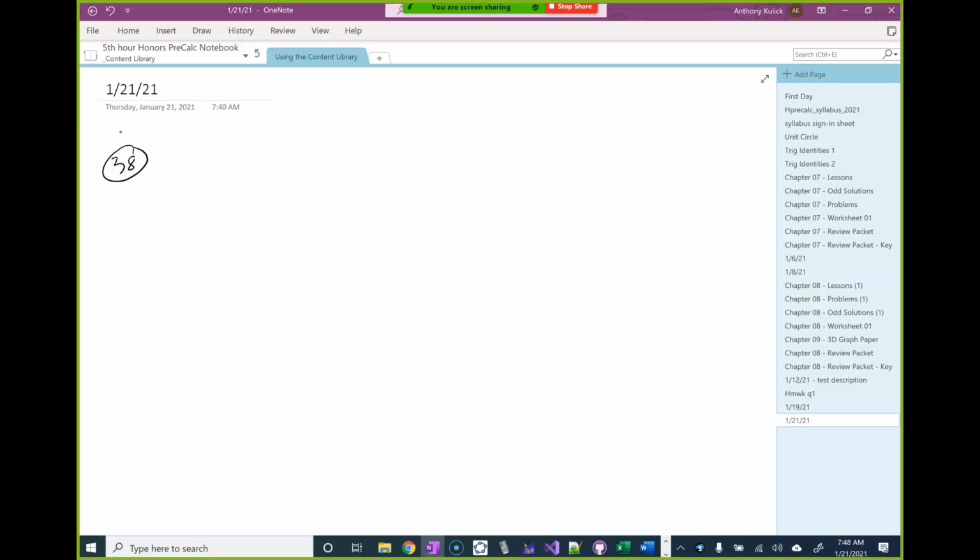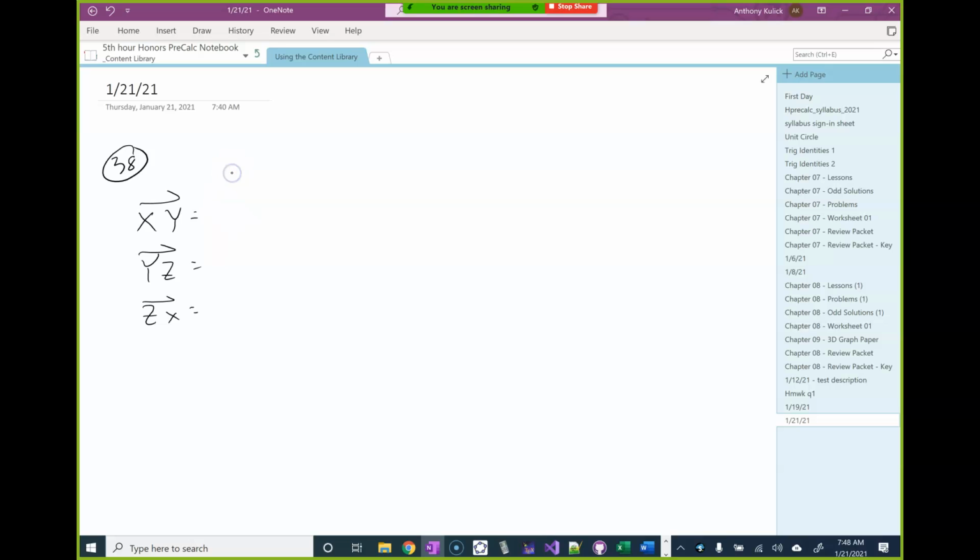So basically what I'm going to do is take those three vectors, or those three sides of our triangle, and represent them as vectors. So I have xy, I have yz, and then I have zx. Okay, and I'm going to represent them in component form.